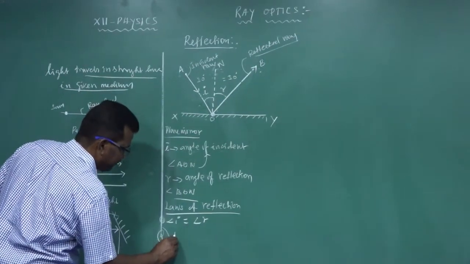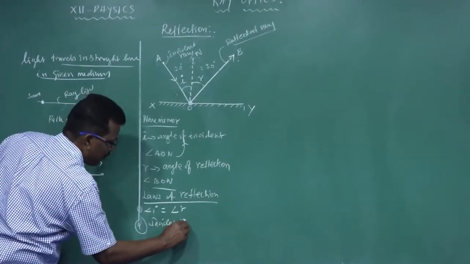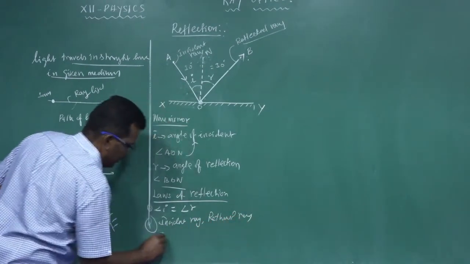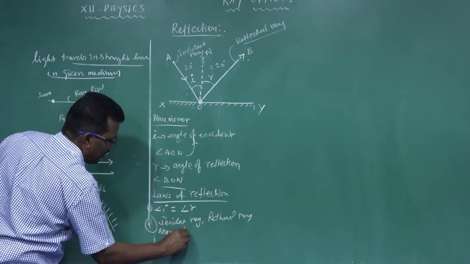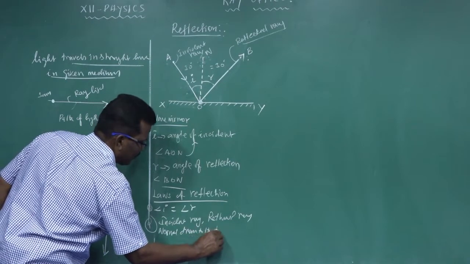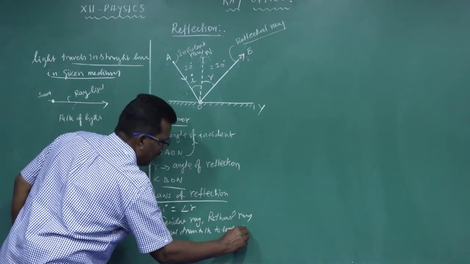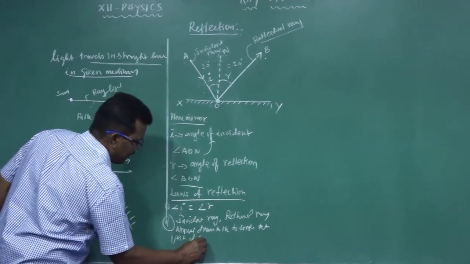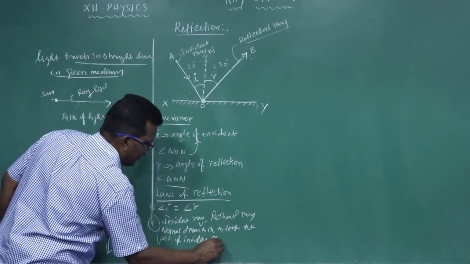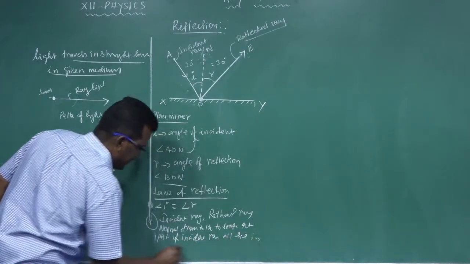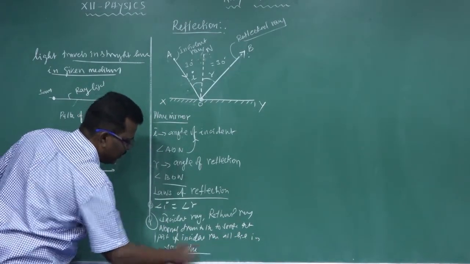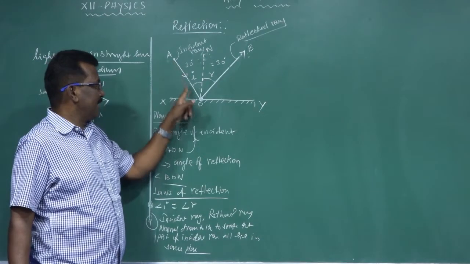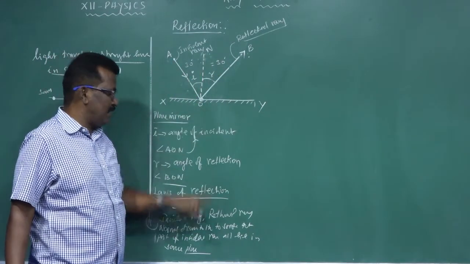The angle of incidence is equal to the angle of reflection, and the incident ray, reflected ray, and normal drawn to the surface at the point of incidence all lie in the same plane.